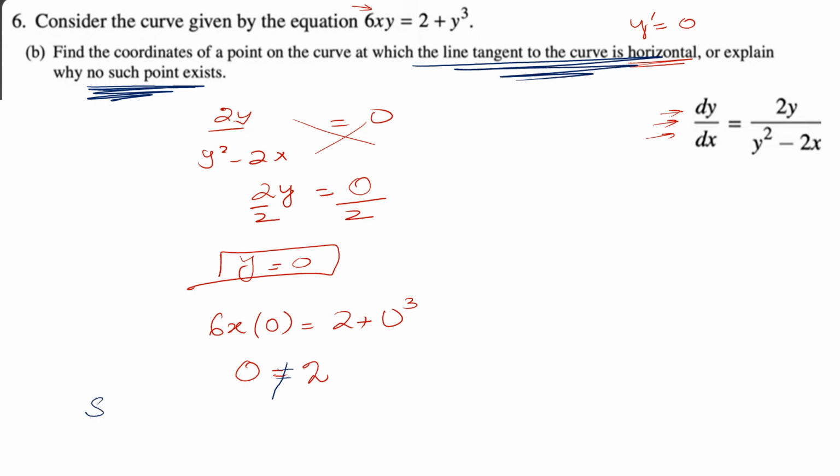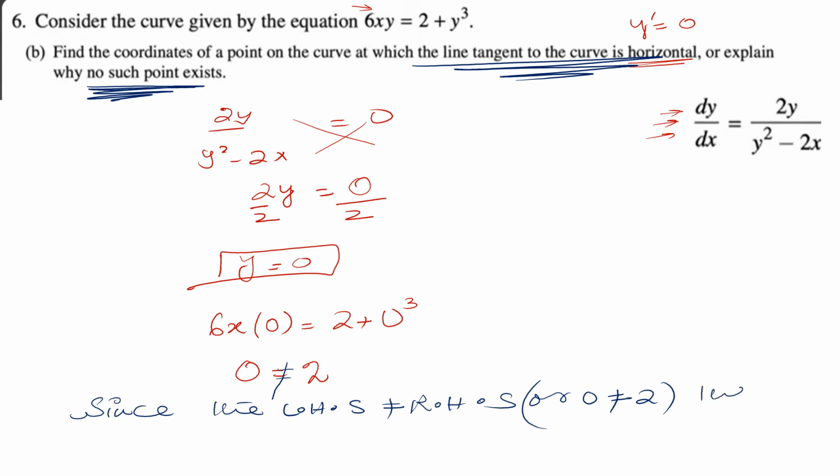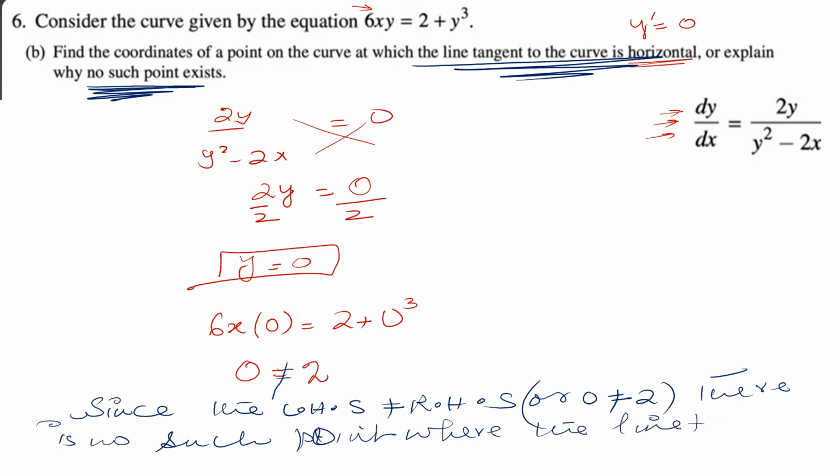So you will write here, since the left hand side is not equal to the right hand side, or 0 is not equal to 2, there is no such point where the line tangent to the curve is horizontal.